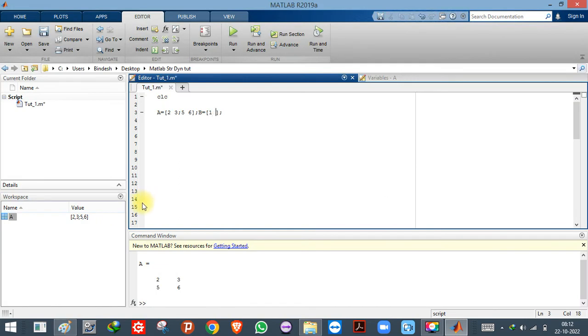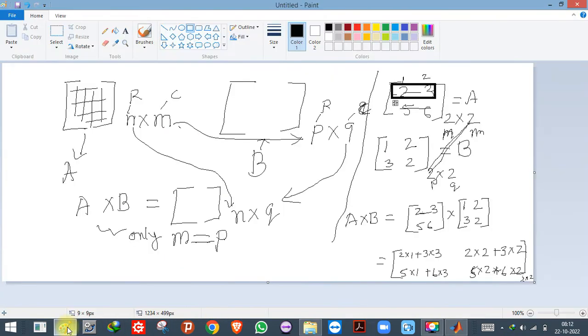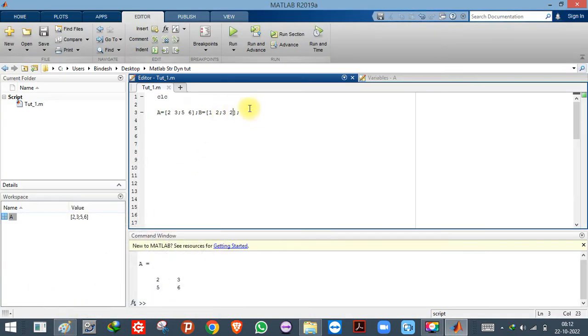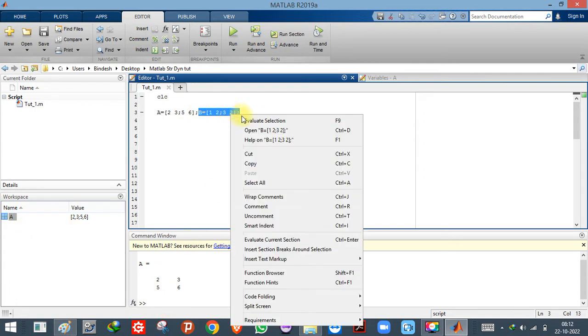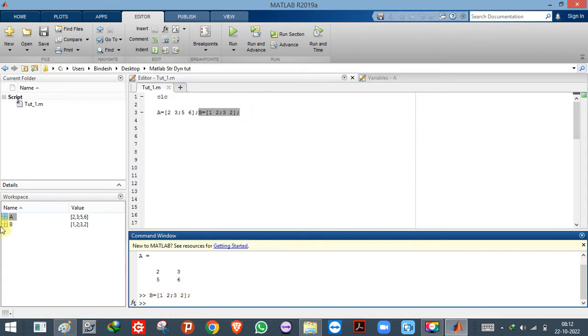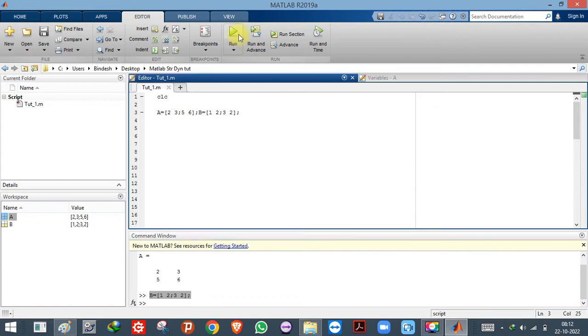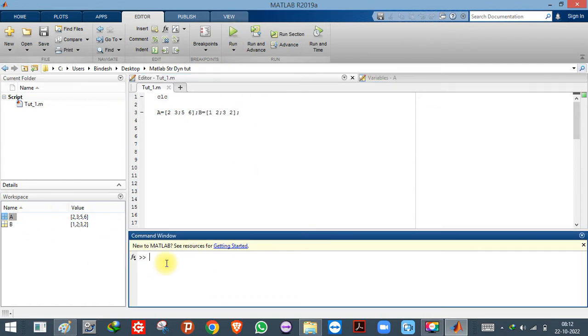So 1 space 2 semicolon 3 space 2. That's the matrix we have written, I guess. Yes. So now if I execute this, you will see B will be available here, but it will not be visible over here because I have put a semicolon over here. So see, it is just the execution it is showing. If I run it, nothing will be shown over here. So A, B both are here.